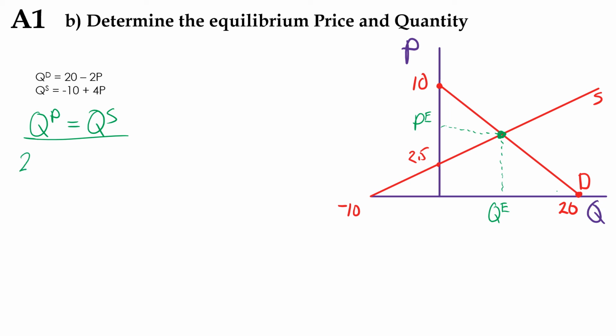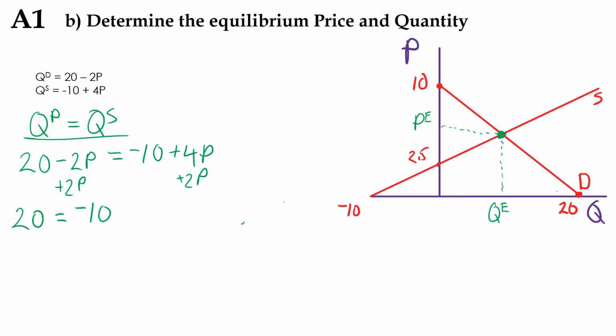All we have to do is go 20 minus 2P, the demand function, equals negative 10 plus 4P. Pretty easy stuff. I'll add 2P to this side and add 2P to this side, and I get 20 equals negative 10 plus 6P.